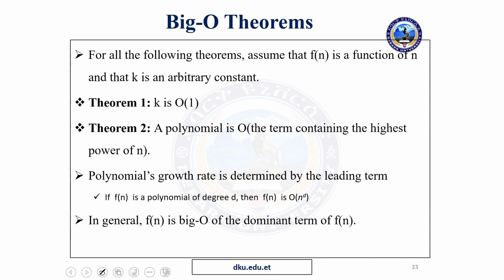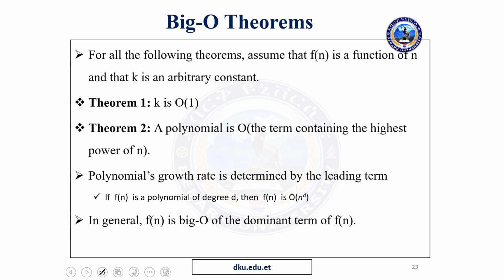Actually, there are some theorems. For all the following theorems, assume that f of n is a function of n and that k is an arbitrary constant. The first theorem: if k is a constant, then the big O notation of k is big O of 1. The second theorem is that a polynomial is big O of the term containing the highest power of n.